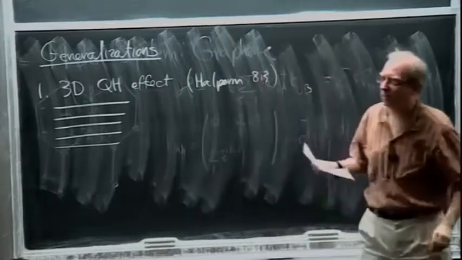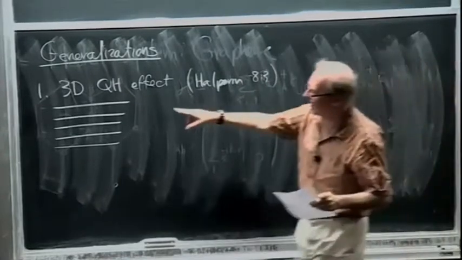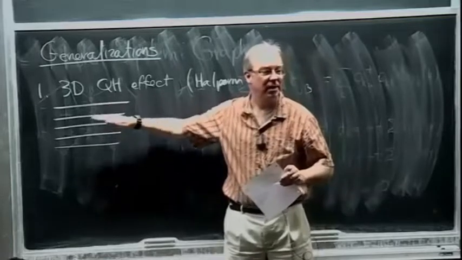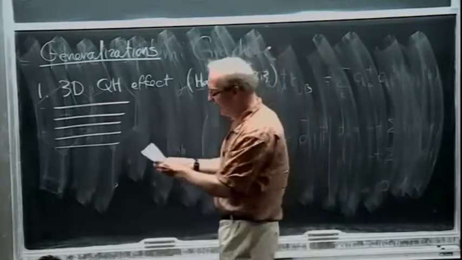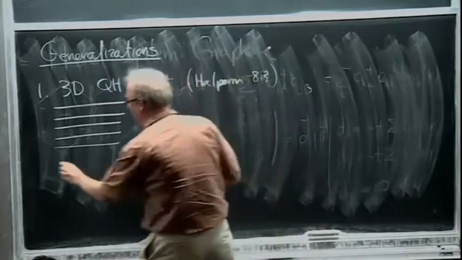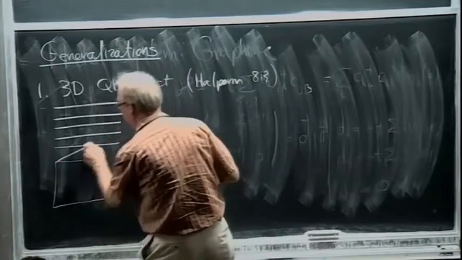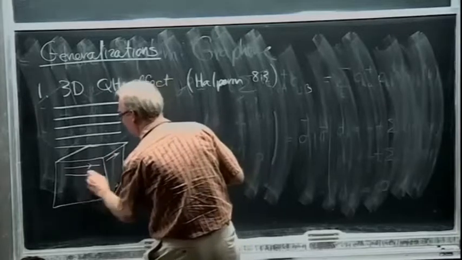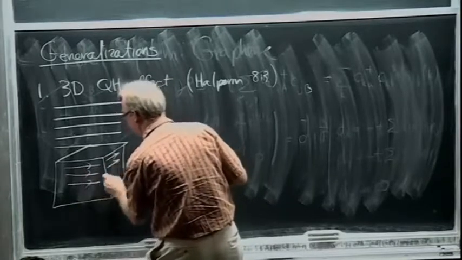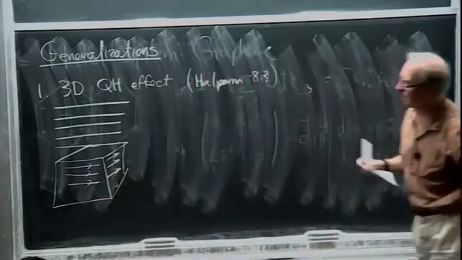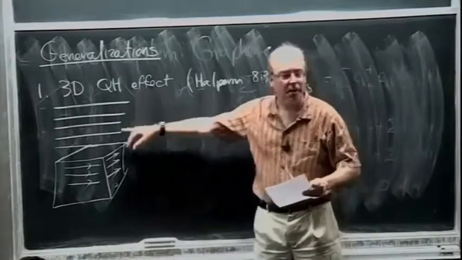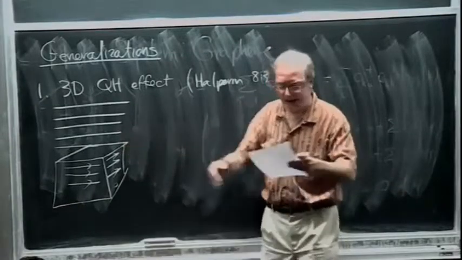I don't remember when it was, but in any case, if you just have layers that are completely independent of each other, then my 3-dimensional system is going to have lots of edge states that go around the sides. Okay, and so if I think about a 3-dimensional band structure, how could I characterize this?